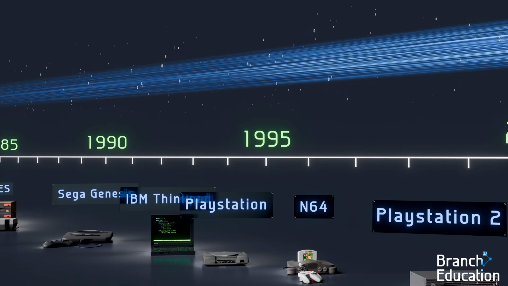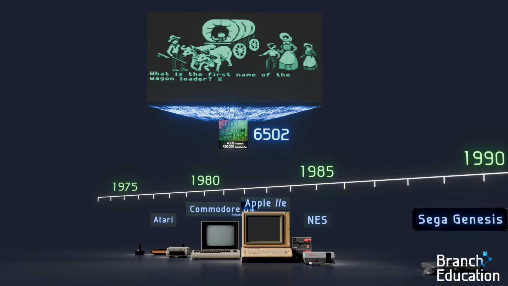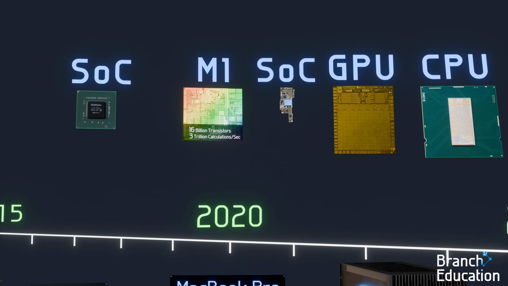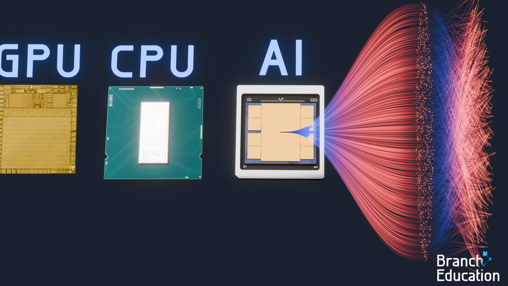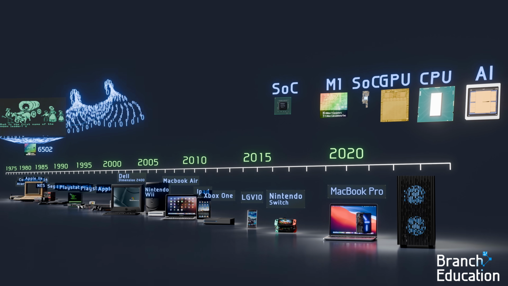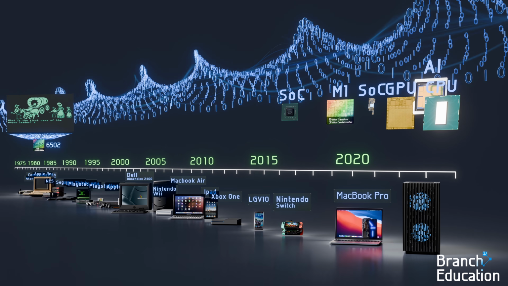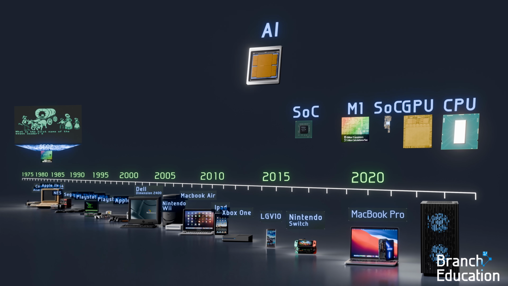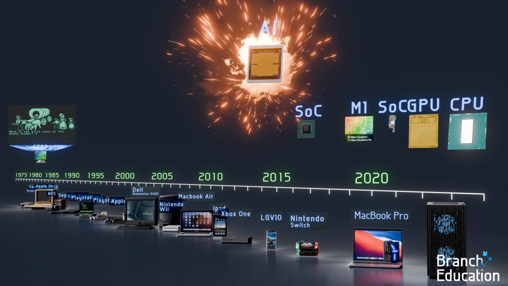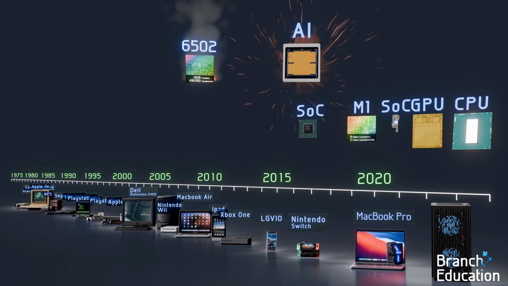In other words, both the Oregon Trail of 50 years ago and advanced AI algorithms run on processors with similar technological DNA. But of course, one of these chips is 10 billion times more computationally powerful than the other.